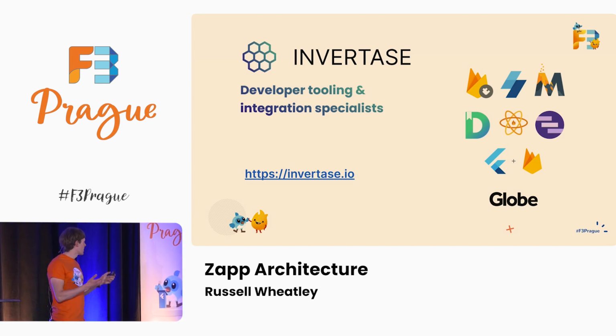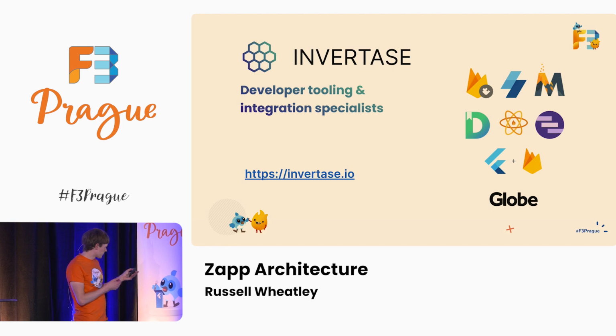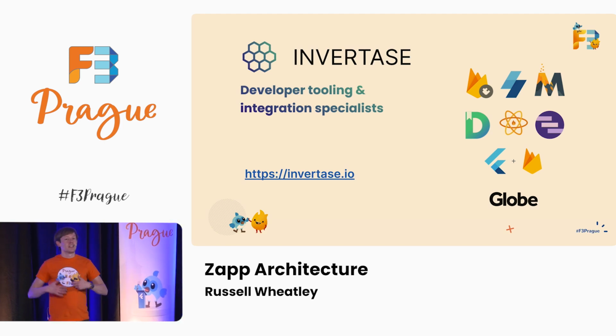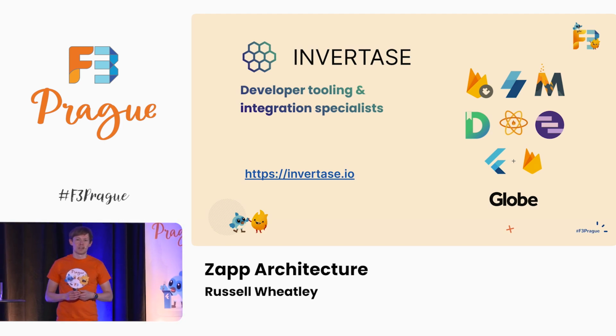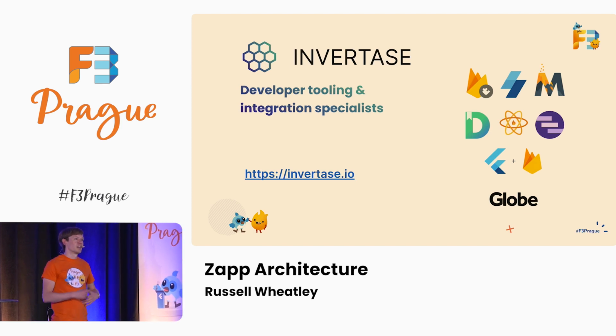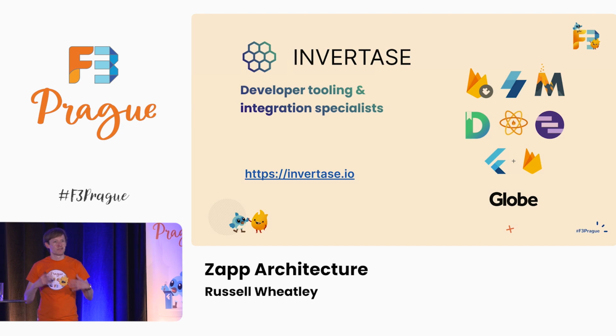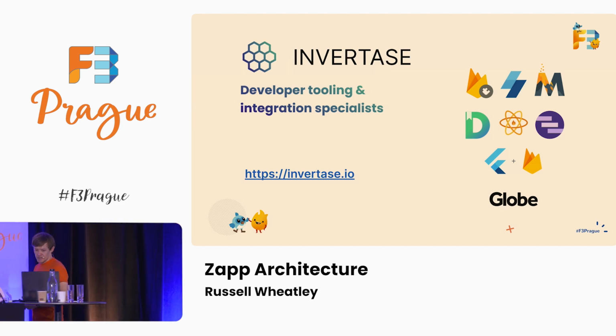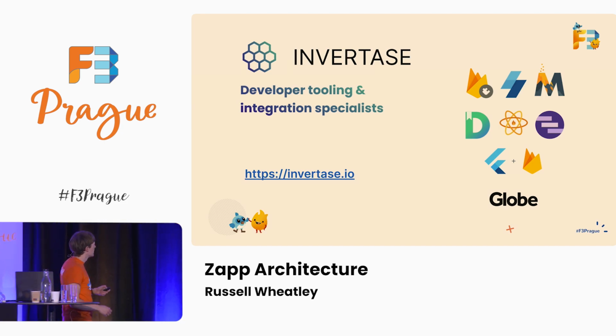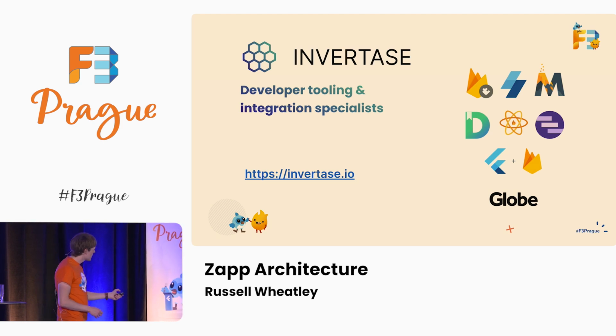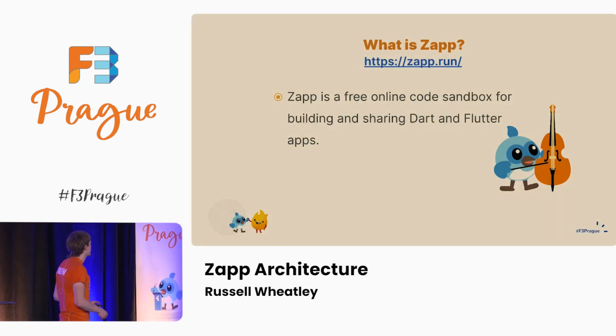One of them is Zap, and the other one is Globe. I'm very excited about Globe. It's just a way to deploy a HTTP server in Dart very easily, and think about it conceptually like Vercel.